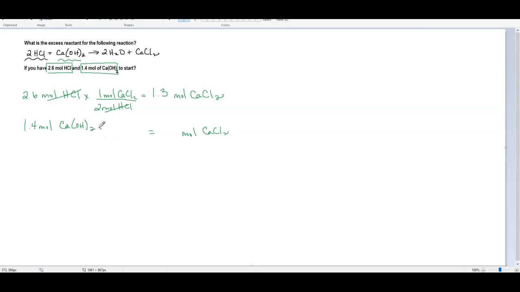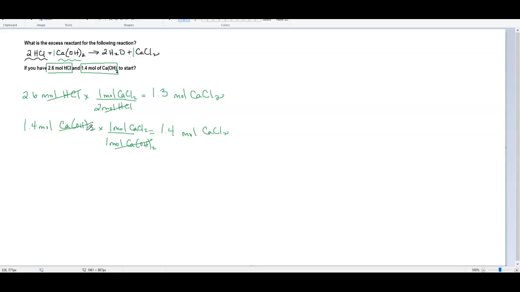Again, I'm going to use my stoichiometric relationship that says that for every 1 mole of Ca(OH)2, I make 1 mole of CaCl2. So my 1 mole of Ca(OH)2 goes on the bottom so that I can cancel those out. And then on the top goes my 1 mole of CaCl2. And that's going to give me 1.4 moles of CaCl2 that's produced when I have 1.4 moles of Ca(OH)2.